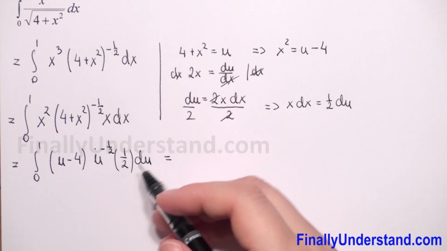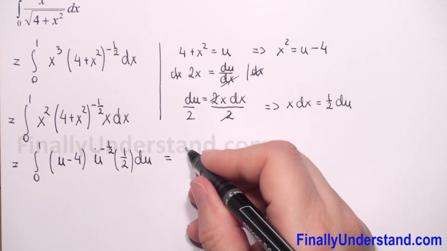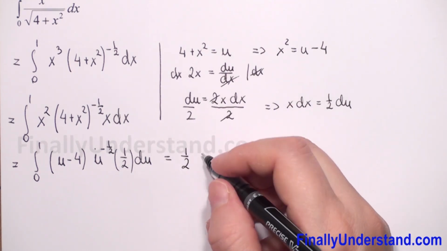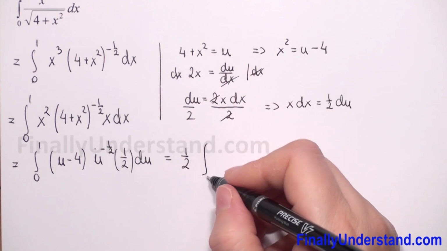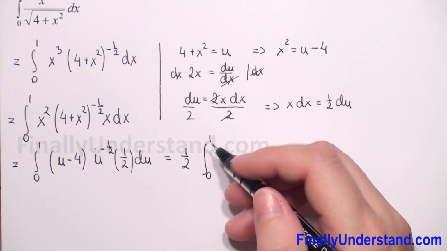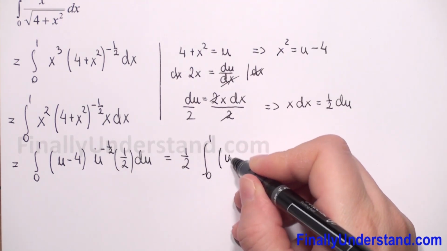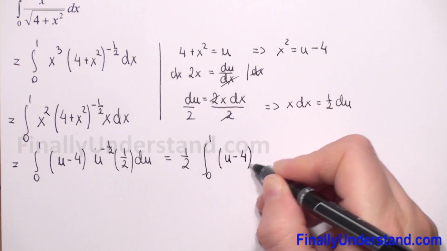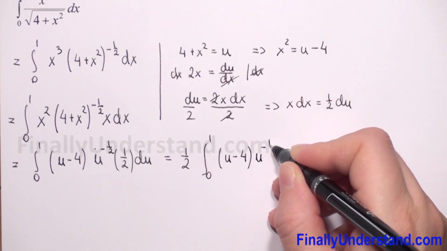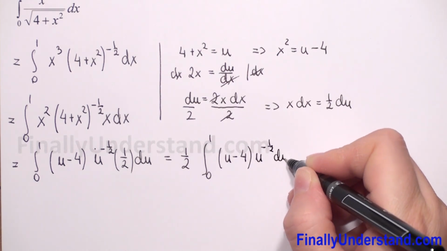So this is equal, I can put the constant first before the integral symbol and we have the integral from 0 to 1 of u minus 4 times u to the power negative 1/2 du.